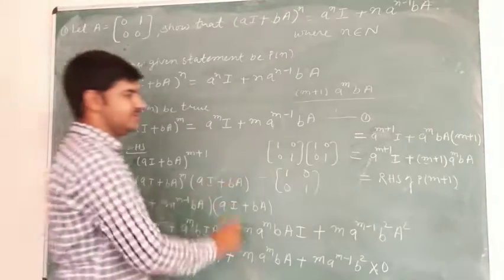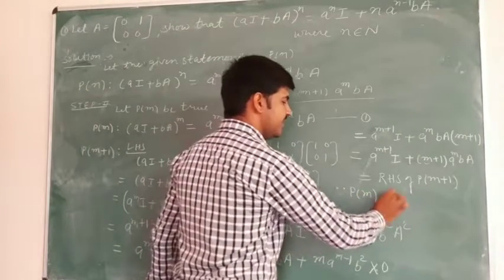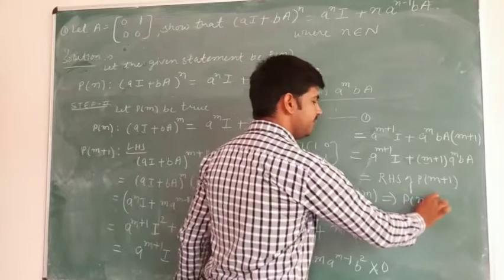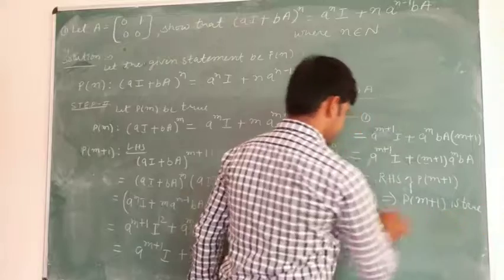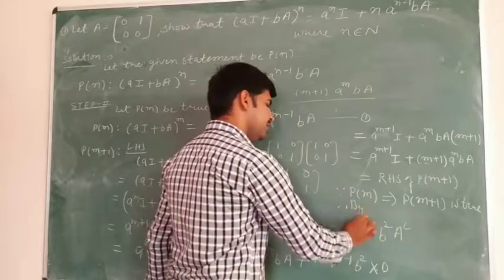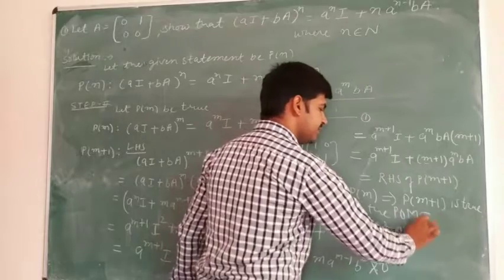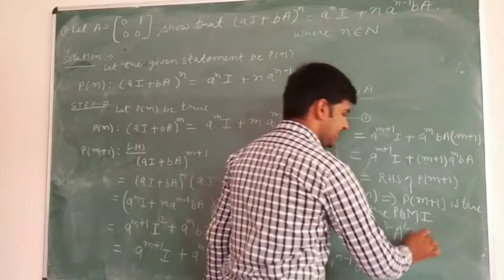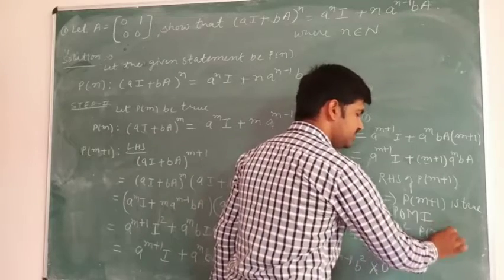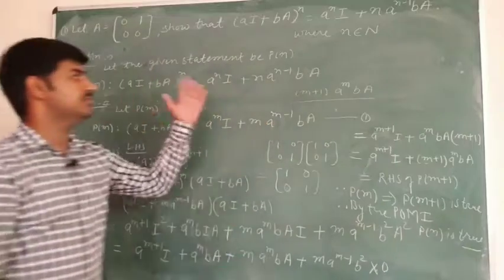So eventually after this you can write, since P(m) implies that P(m+1) is true, therefore by the principle of mathematical induction, the given statement P(n) is true, and that is what we have to prove, students, that the given statement is true.